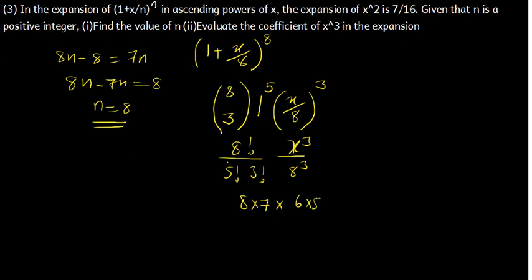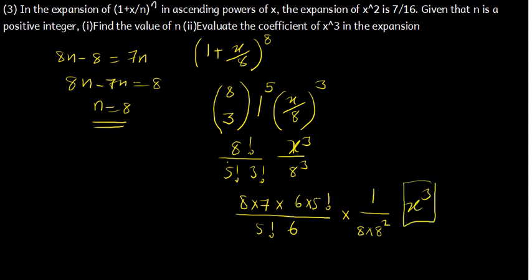Now that I've reached 5, I can put a factorial because I know I also have 5 factorial down. And then we also have 3 factorial. 3 factorial means 3 times 2 times 1, and that is a 6. So 3 factorial is equal to 6. And then we are multiplying that by, on top I can just say 1, and then 8 cubed, I can say 8 times 8 squared, and then x to the power 3.